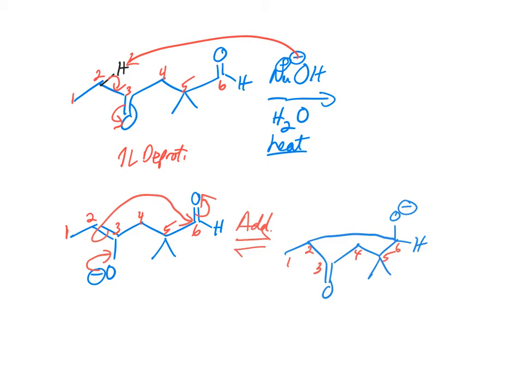I can redraw it. I would just draw the 5-membered ring first. I know the bond I formed was between 2 and 6. 6 was bonded to 5, which is bonded to 4, which is bonded to 3. Carbon 1 is bonded to 2. Carbon 3 has a carbonyl, and carbon 5 has 2 methyls, and now carbon 6 has an O minus. There you go.